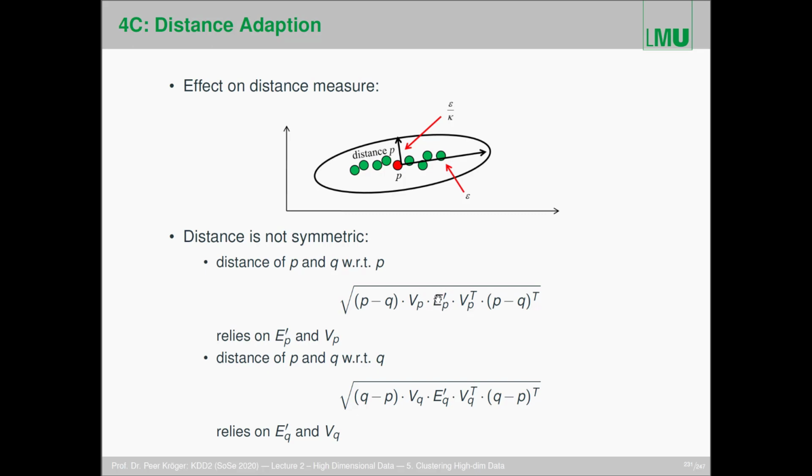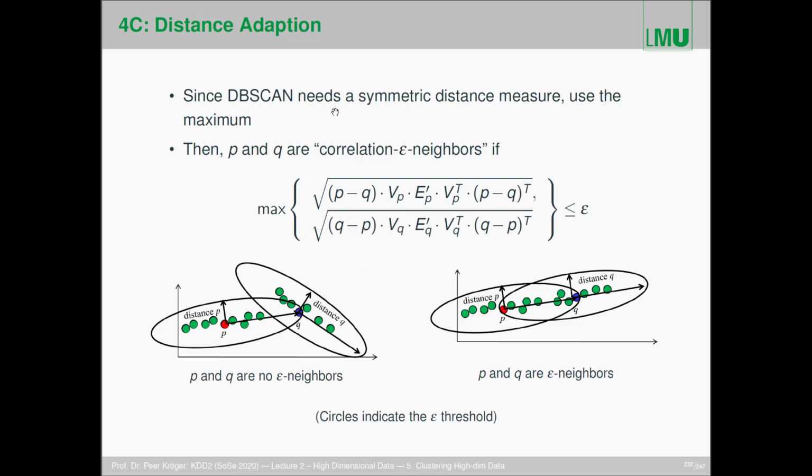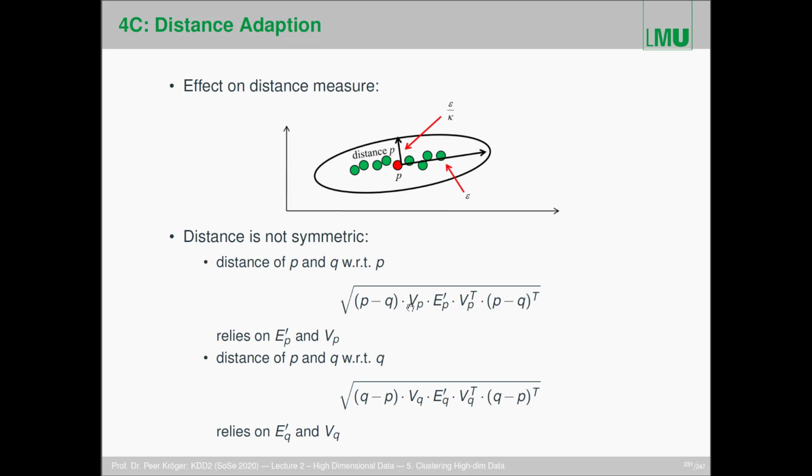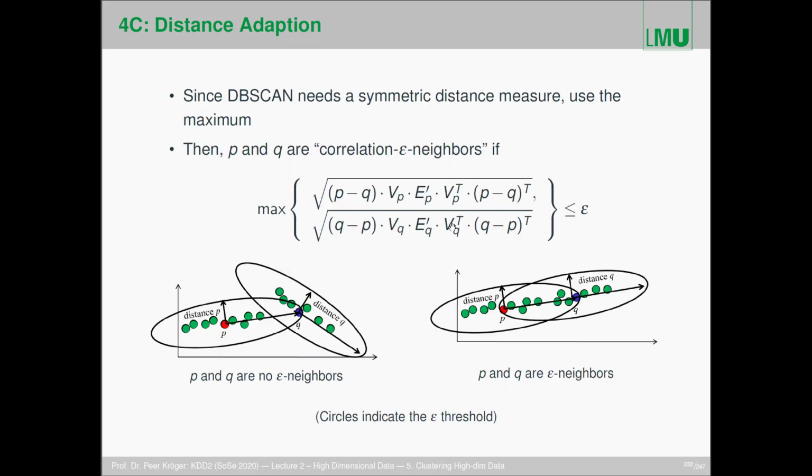Same story as in PreDeCon, we have the problem that this is very specific to P. So the distance from P to Q is different from the distance from Q to P, depending on which E prime we use. If we use E prime of P or E prime of Q, they may be different. So again, we need a symmetric distance measure in order to use DBSCAN with this distance measure. And again, we use just the maximum of the two.